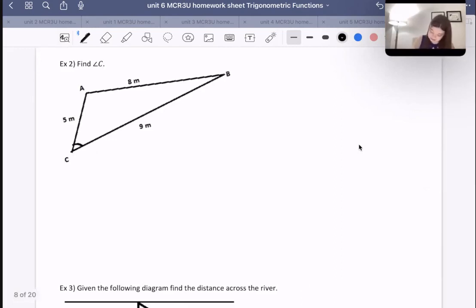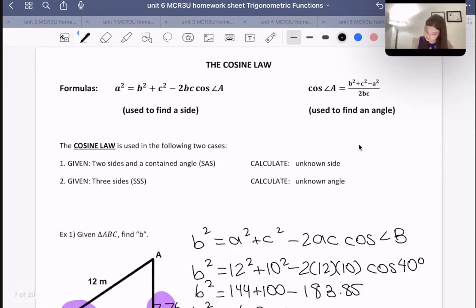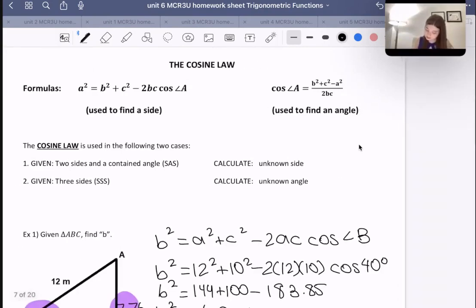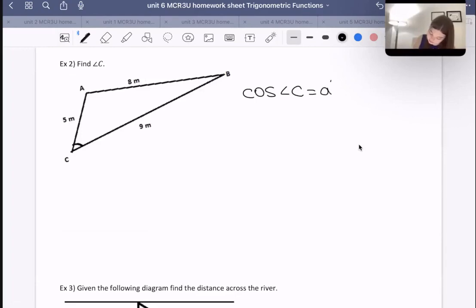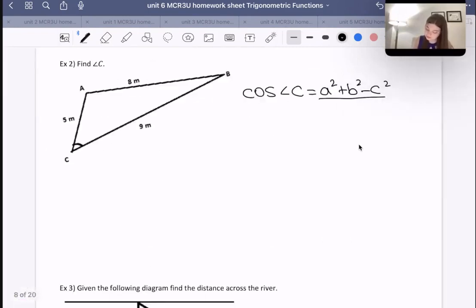So let's do that. Cosine of angle C is equal to a squared plus b squared minus c squared over, instead of 2bc, we're going to put 2ab. Okay, so let's plug those in.